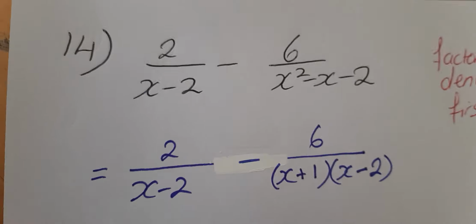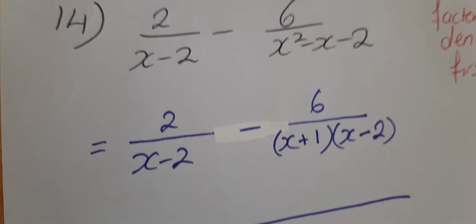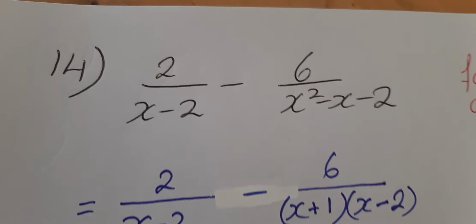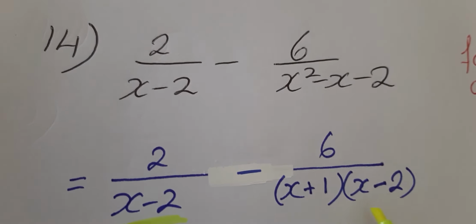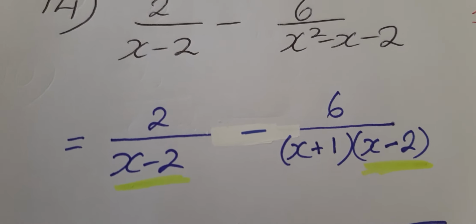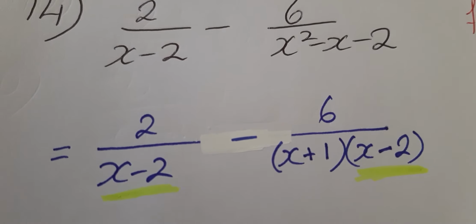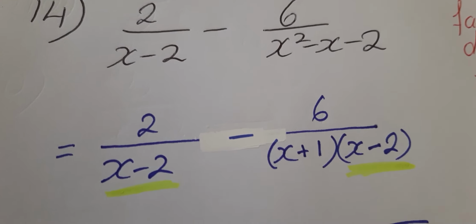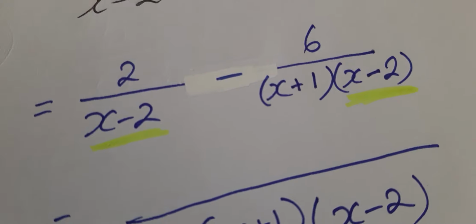Now we look for the lowest common denominator. Okay, we notice that this x minus 2 already exists over here. So we have our lowest common denominator. Everything that exists underneath is x plus 1 and x minus 2.